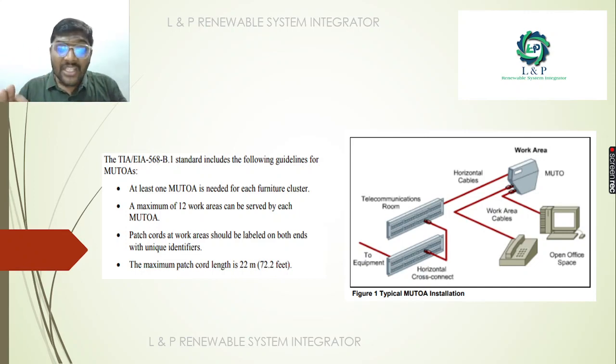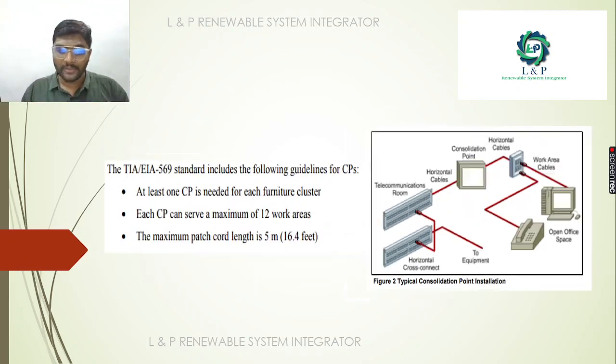Okay, and the patch cords at the work area should be labeled on both ends with unique identification numbers. The maximum patch cord length that you can follow for a multi-user telecommunication outlet is 22 meters, or in feet, that is 72.2 feet only. This is the TIA/EIA 569-B standard that we need to follow when you are planning for MUTOs.